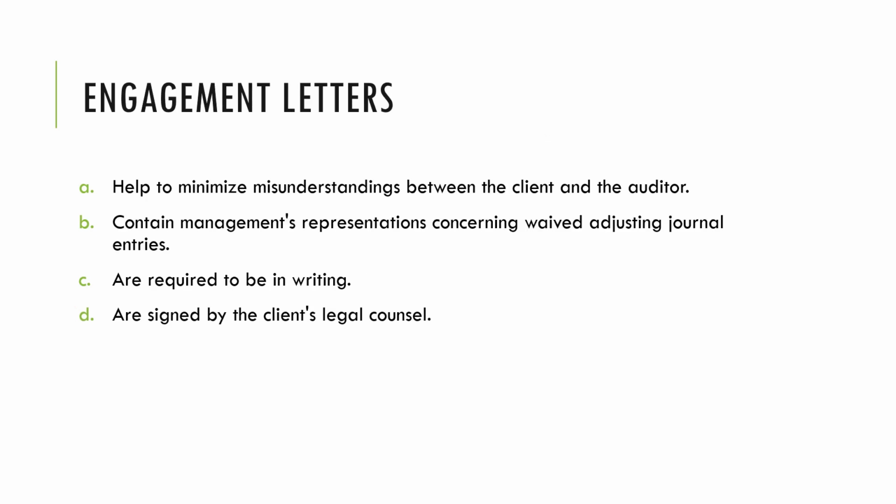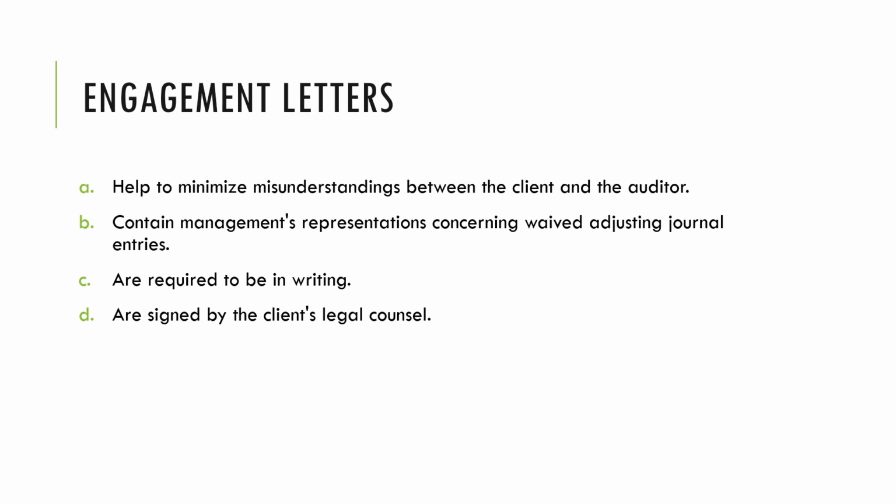And speaking of reaching an understanding with the client, we normally document this by the use of engagement letters. Engagement letters, letter A, help to minimize misunderstandings between the client and the auditor. Letter B contains management representations concerning waived adjusting journal entries, but engagement letters are entered into normally at the start of the engagement.